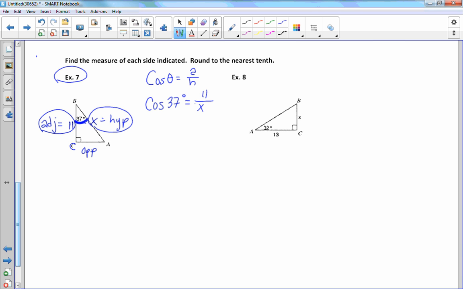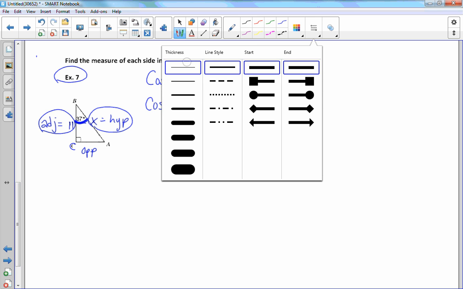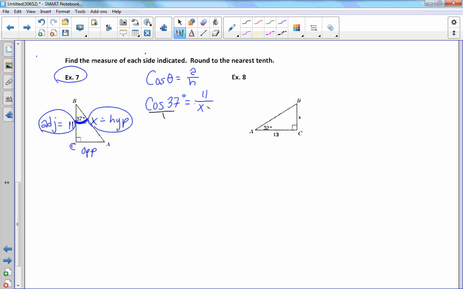Okay? So same steps as before, we cross multiply, and we divide and plug it into our calculator. Over 1, cross multiply again, make sure that x is in front, times cosine 37 equals 11. And then you just divide that cosine 37 degrees away and plug it into your calculator.